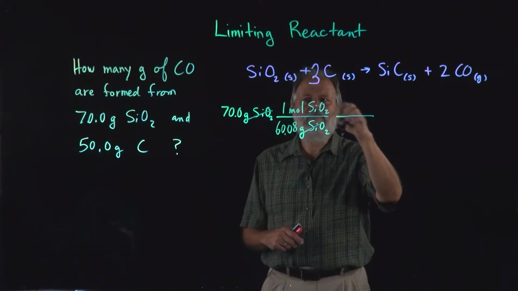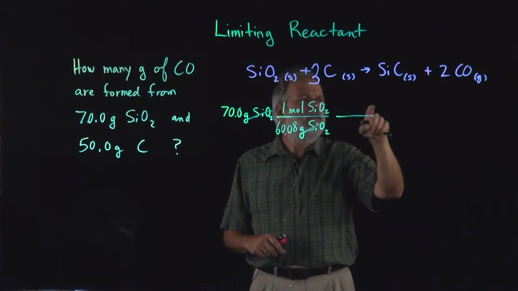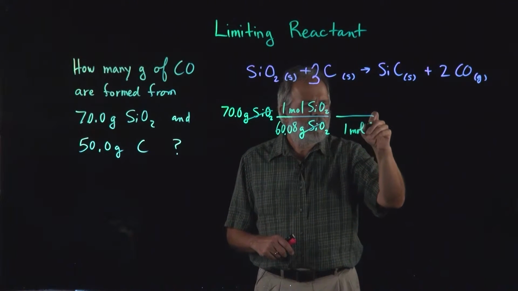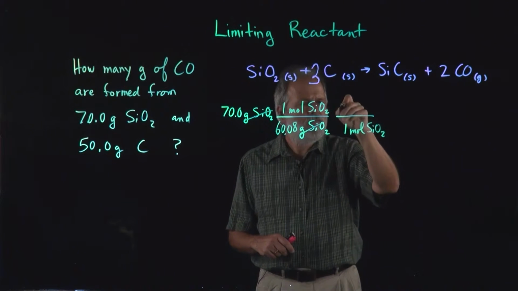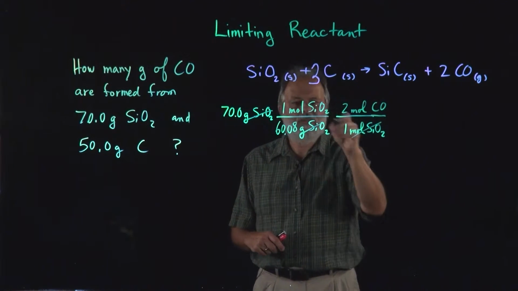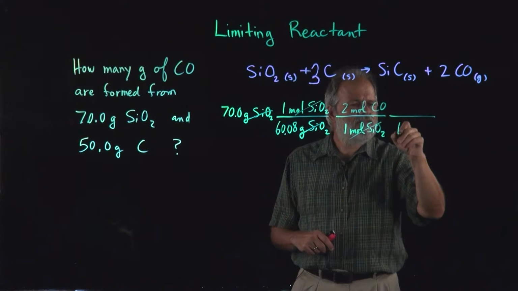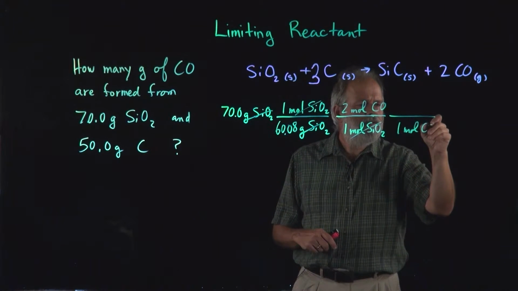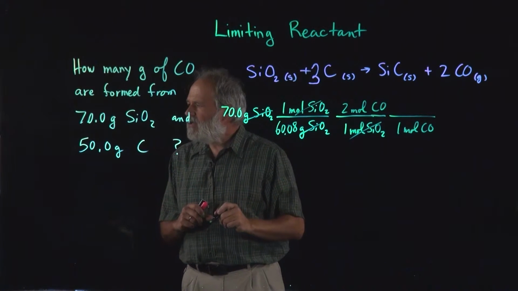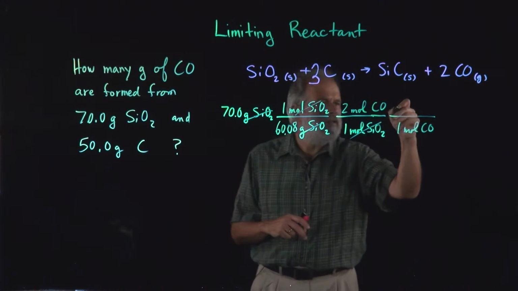Now we use the mole to mole ratio. 1 mole of SiO2 is 2 moles of CO, sorry, moles of CO. And then 1 mole of CO is 28.01 grams.